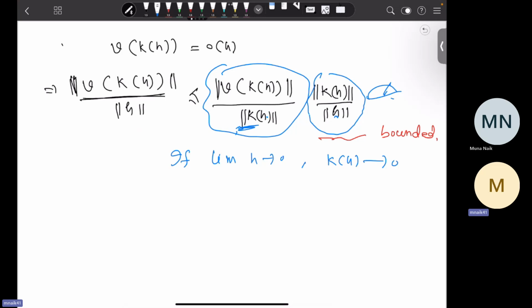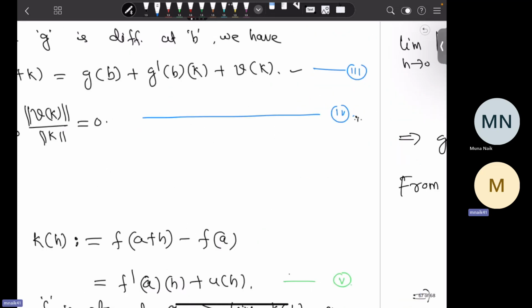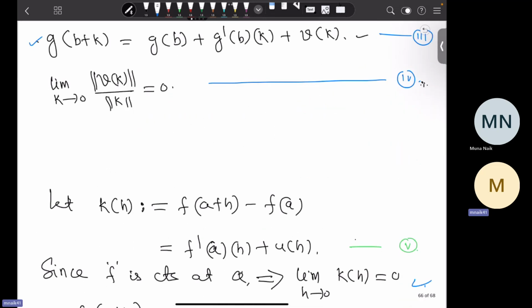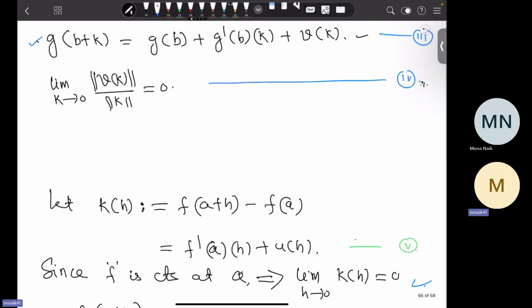But it may happen that kh is 0. This is a very minor problem, so in order to apply this argument, we can fix this thing.